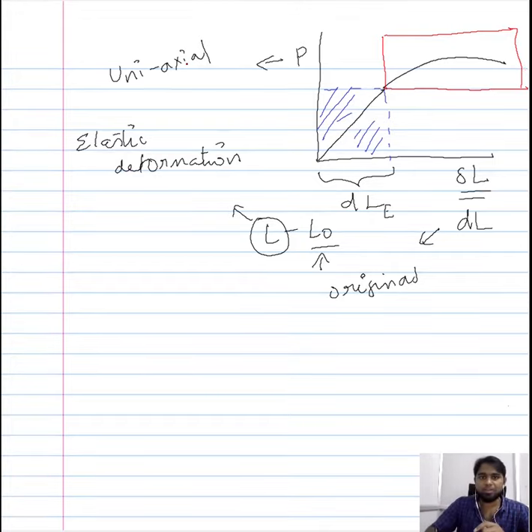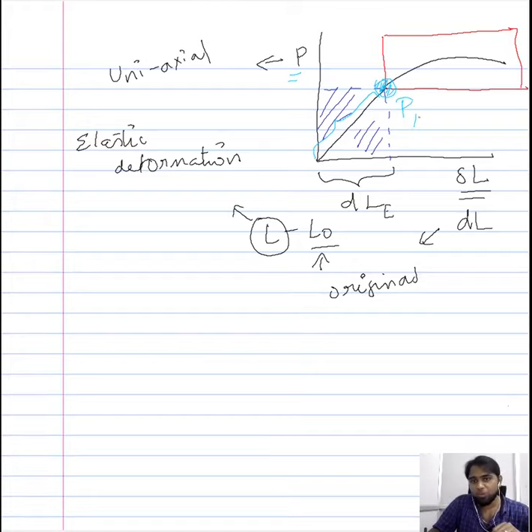So one point here, let me use another color, is important because it shows that there is a transition in the curve. If you assume this region to be a linear region, beyond this point the linearity is lost. Just with respect to this variable, not in the general terms of mathematics, let's assume this point to be P1.